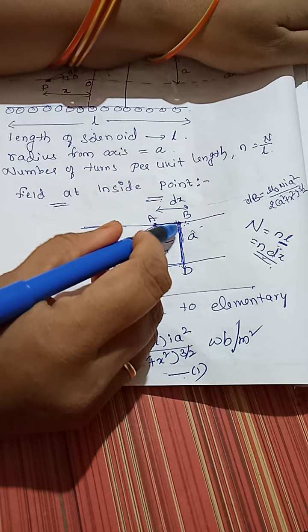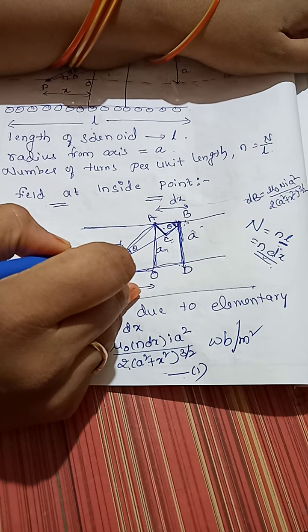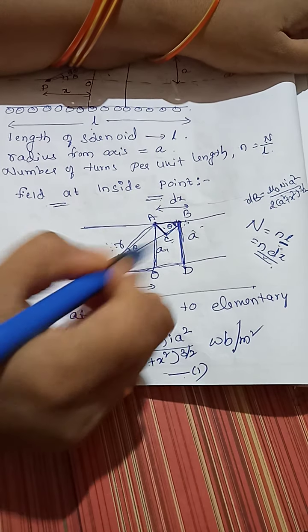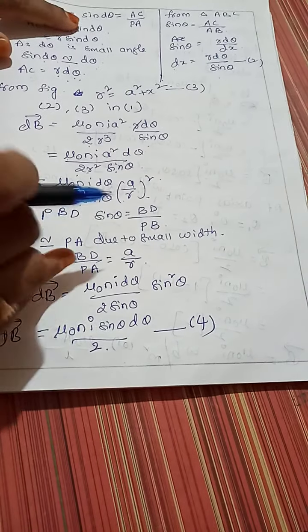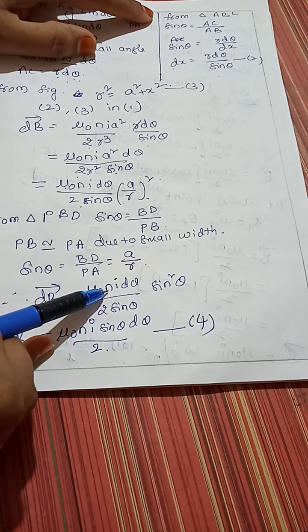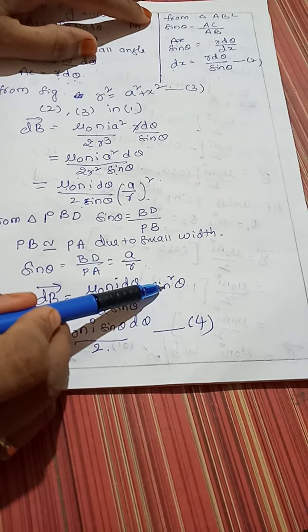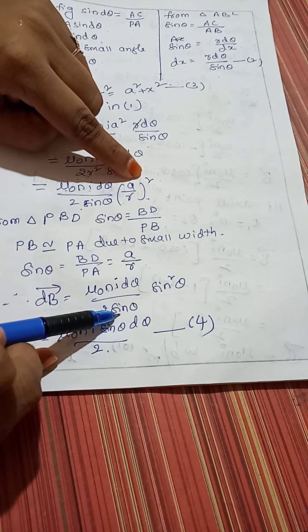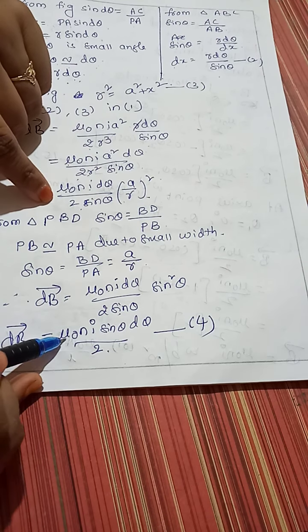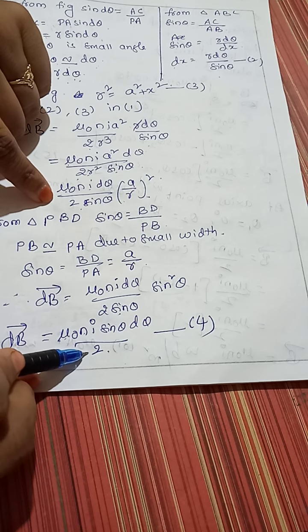So in place of PB we can substitute R. So now sin theta becomes A by R. Now substituting this value, we get mu naught n I d theta by 2 sin theta, with sin square theta, and one sin strikes off. It becomes mu naught n I sin theta d theta by 2.